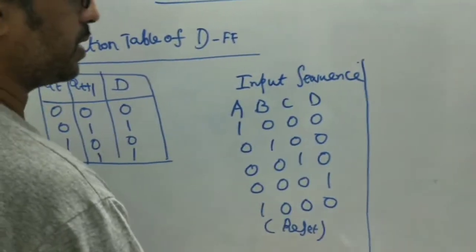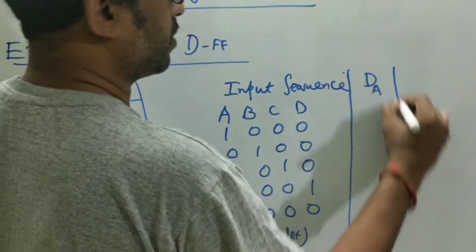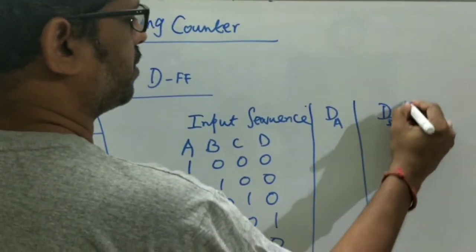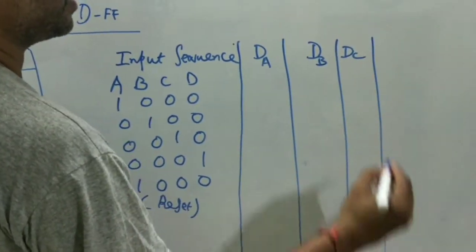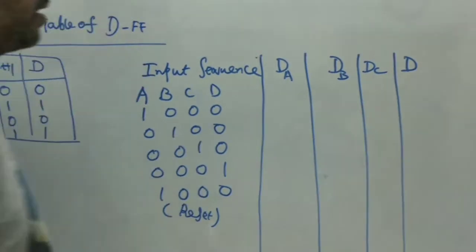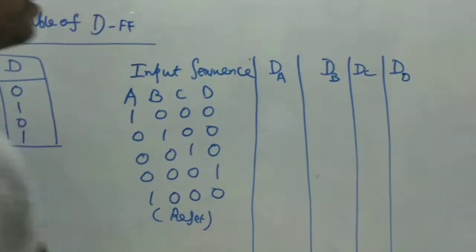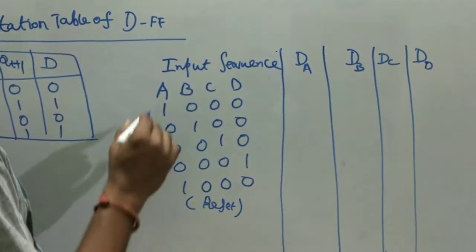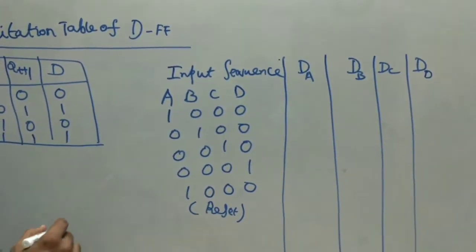Then we need to find the input for each flip-flop: DA, DB, DC, and then DD. So first look at the A column.